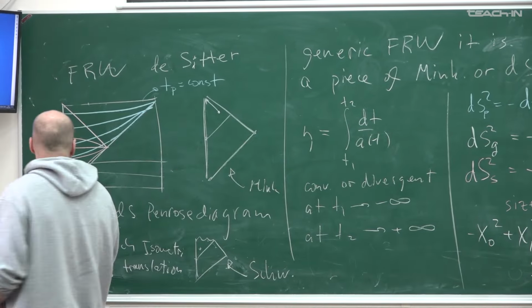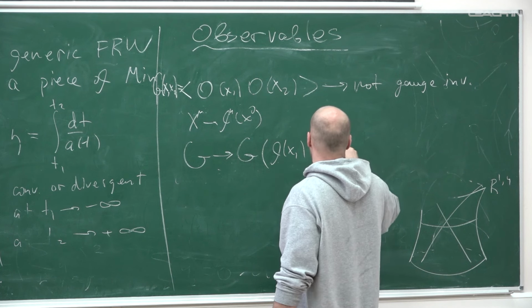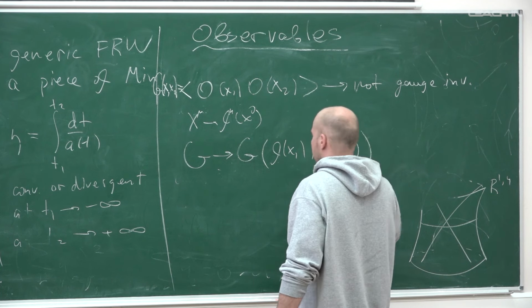It now becomes some function of f of x1, f of x2. So it will change. And there is no preferred way of parameterizing our manifold once we are in general relativity. So that is the problem.